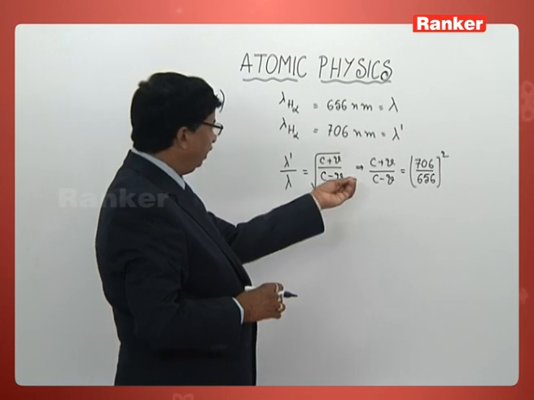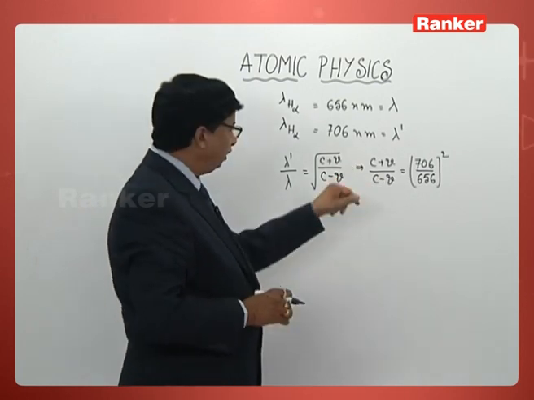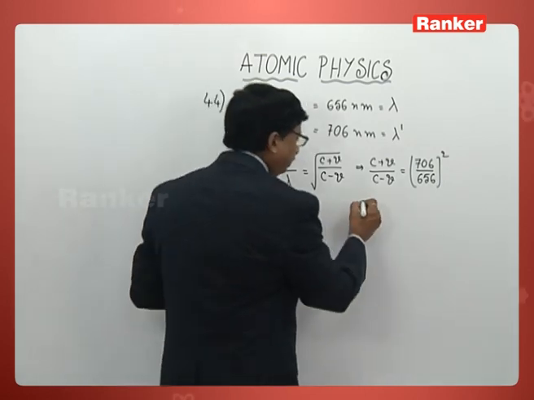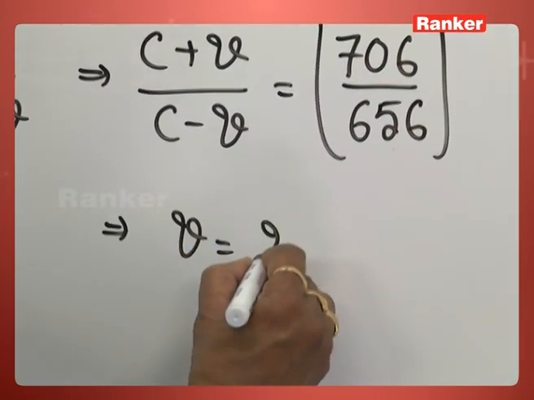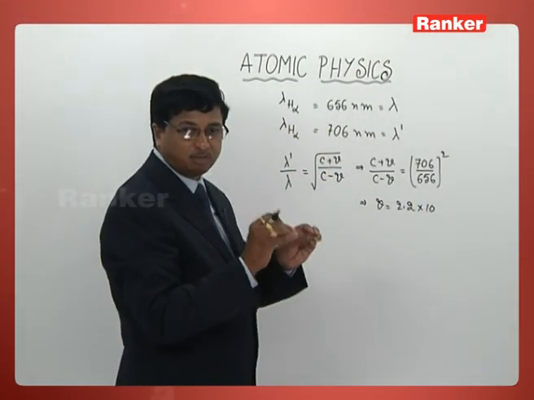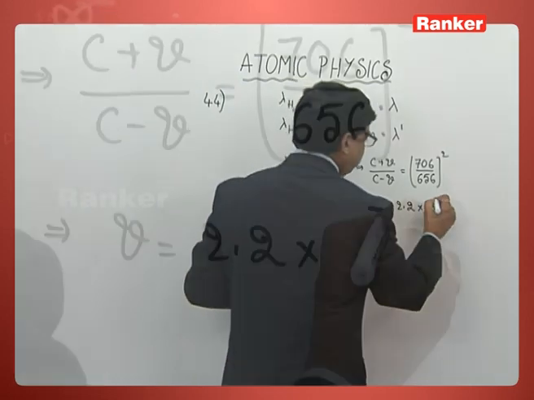Now, just by taking this value and simplifying for v, you will get directly v equal to around 2.2 into 10 to the power 7 meter per second.